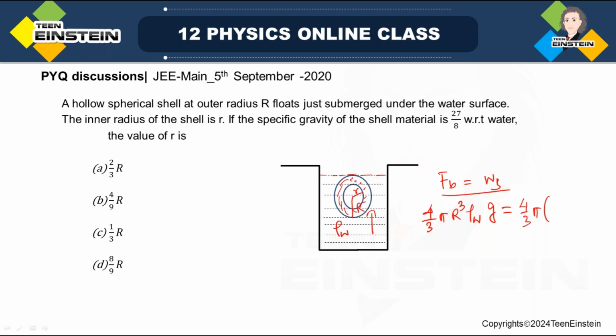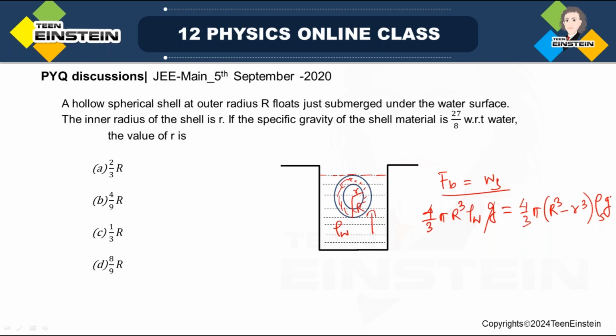So that's why the weight will be less, isn't it? So this is the volume of the mass content in this cell, R cube minus r cube, and if I multiply with rho, the density of the cell, let us say rho s, then it is the mass of the cell, and this is the weight of the cell.